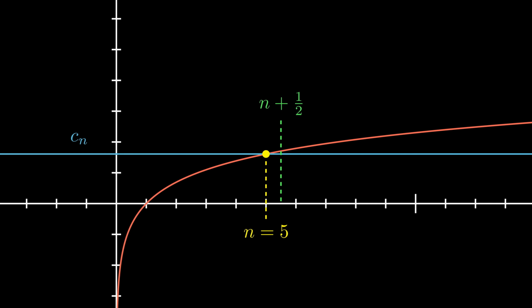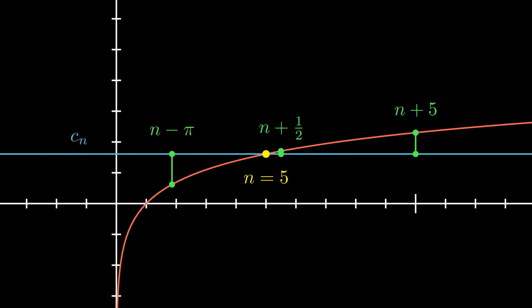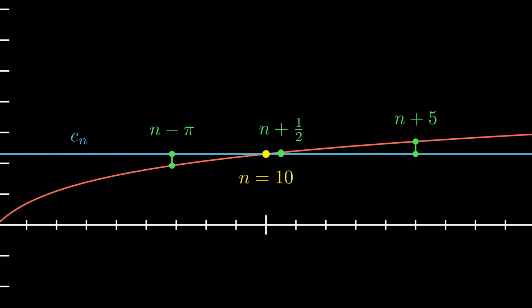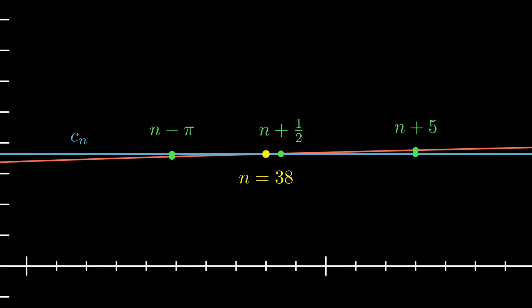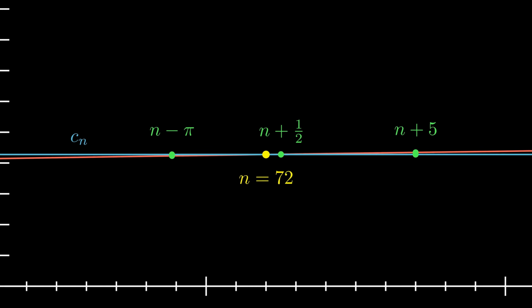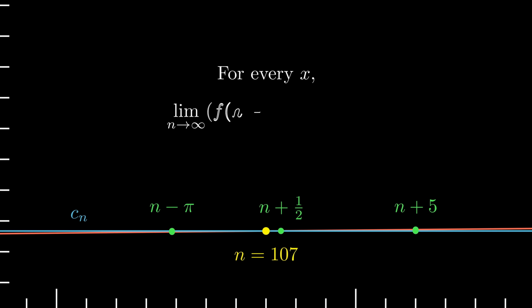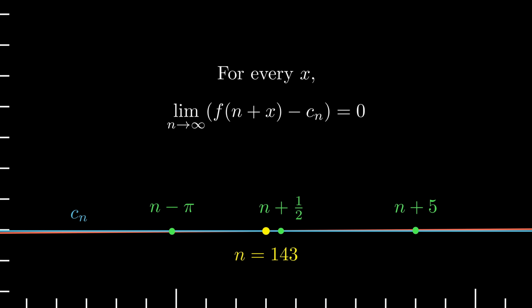That is, n plus a half, n minus pi, n plus 5, you name it. For each of these points, let's look at the difference between the function and the constant. As we step forward, choosing larger and larger n, these distances all approach 0. In fact, for every number x, the difference f of n plus x minus c sub n approaches 0 as n approaches infinity. This gives us the definition.